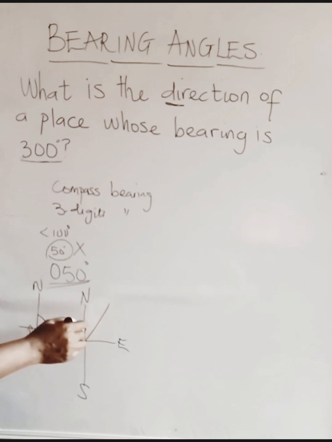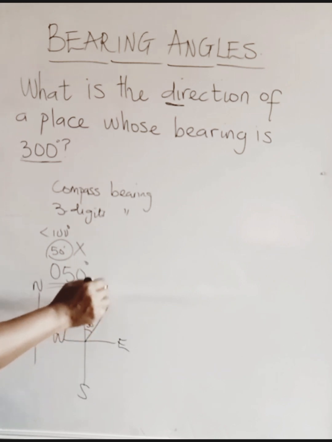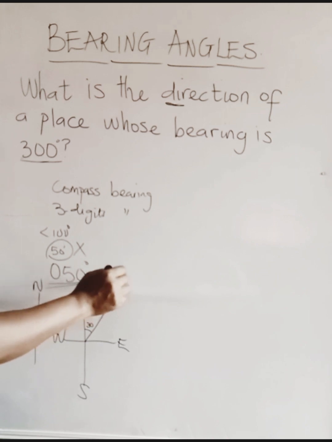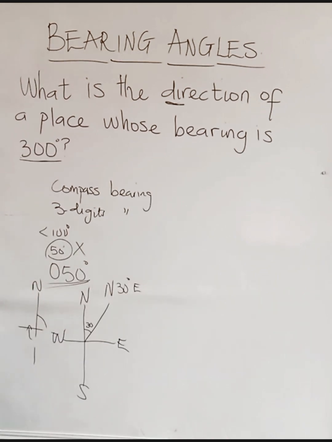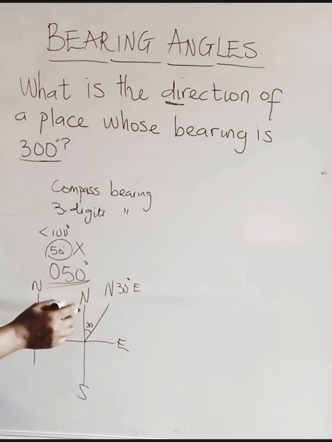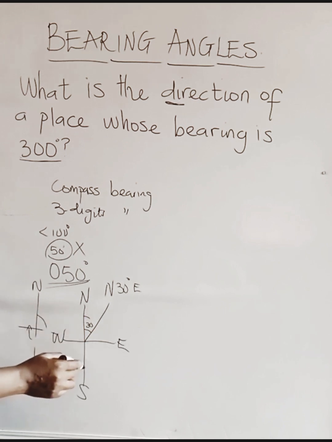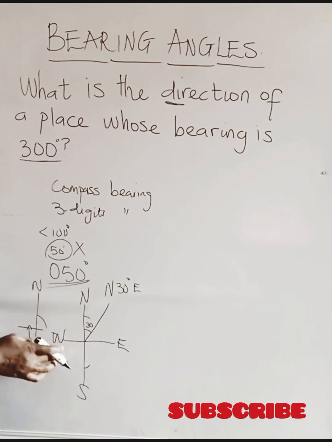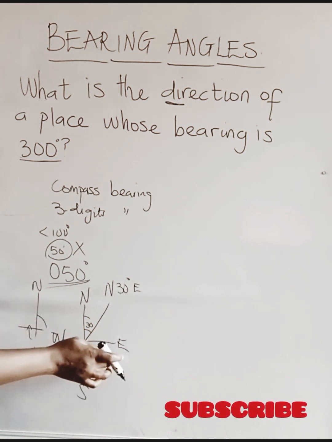If this angle is 30 degrees, we represent it as north 30 degrees east. So the cardinal point always starts from either the north or the south, and it is measured towards the west or the east.